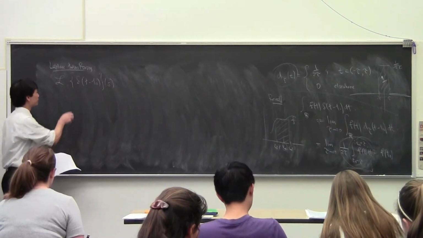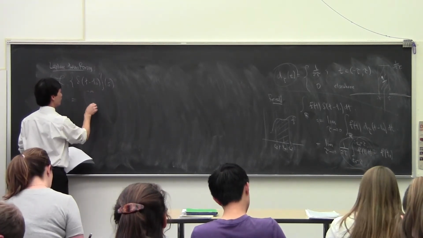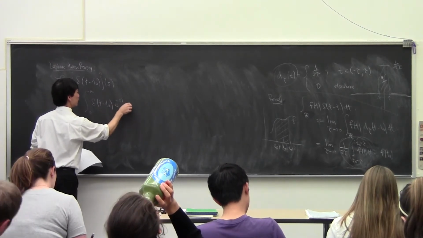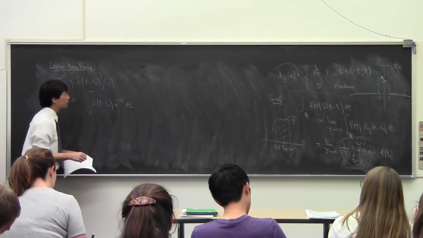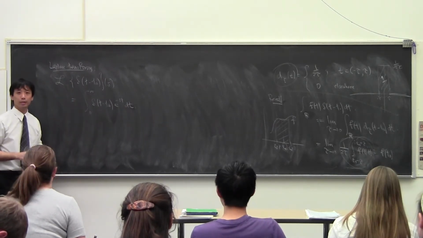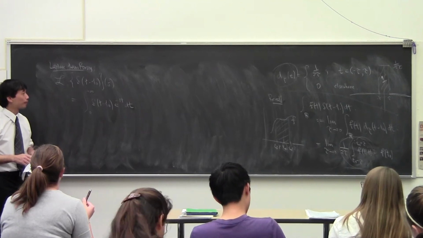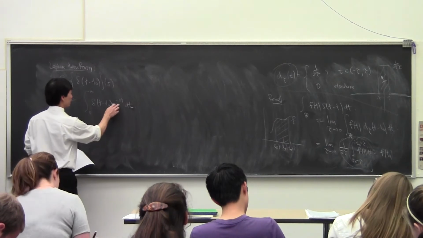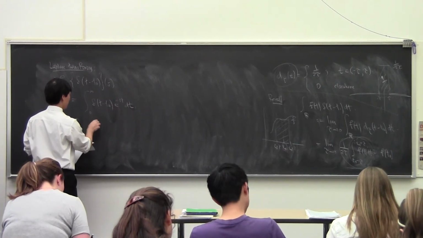Well, we get the integral from 0 to infinity of this thing times e to the minus st dt, which is, would you just get e to the minus s t naught? That's right. We're going to get e to the minus s t naught.